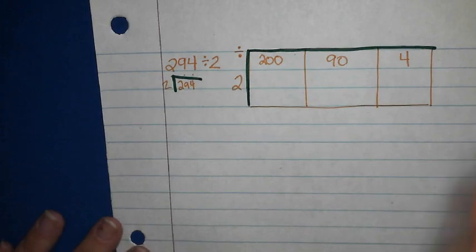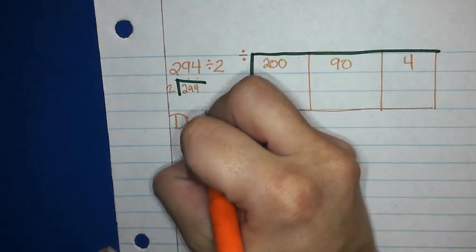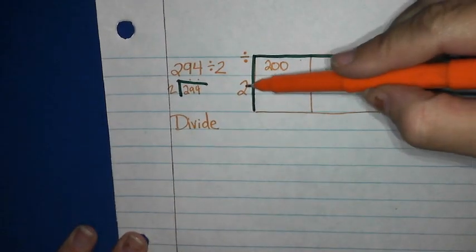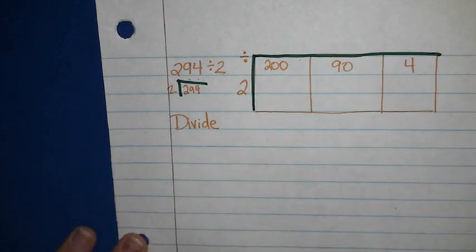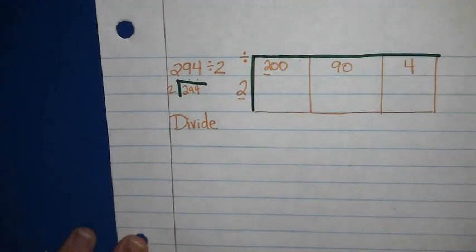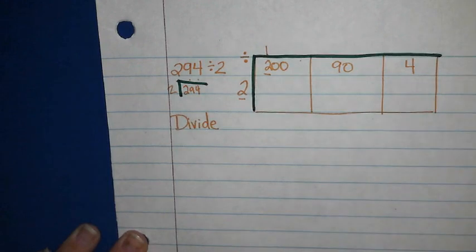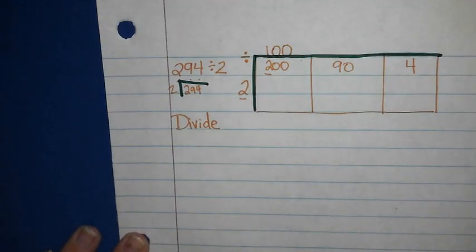Then our steps start, and our first step is divide. We're going to think, how many times can 2 go into 200? The way students do this is they look at base facts yet again. How many times can 2 go into 2? 2 can go into 2 one time, which means 2 can go into 200 100 times.